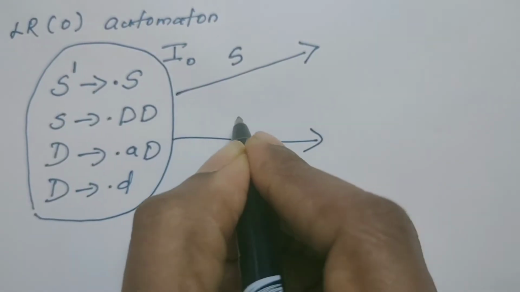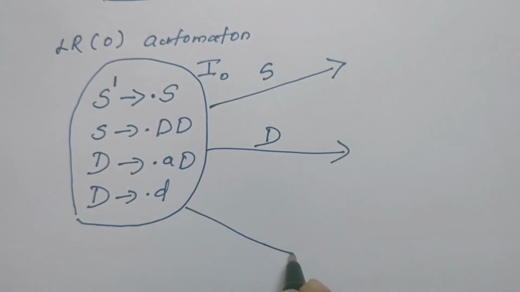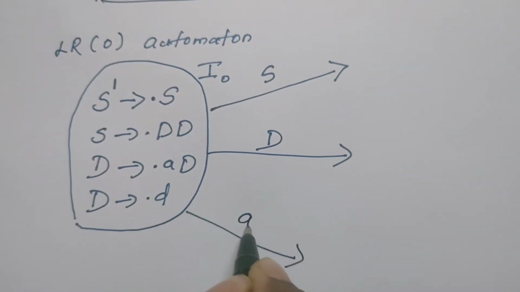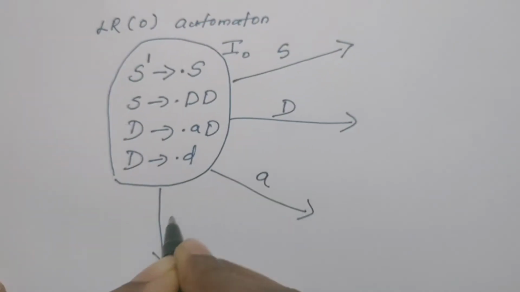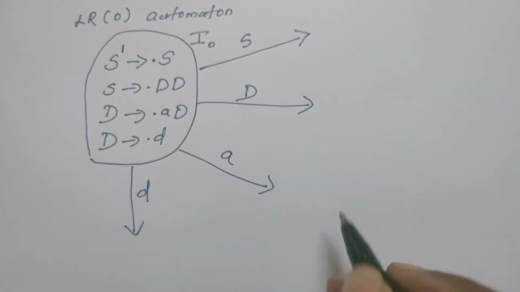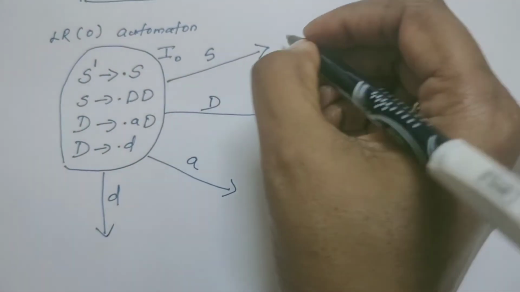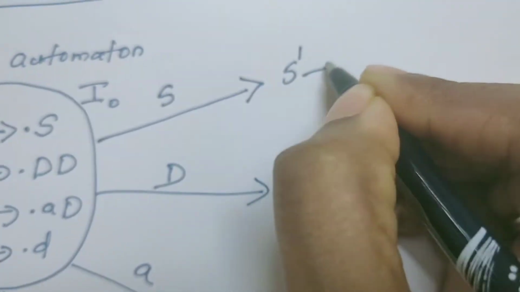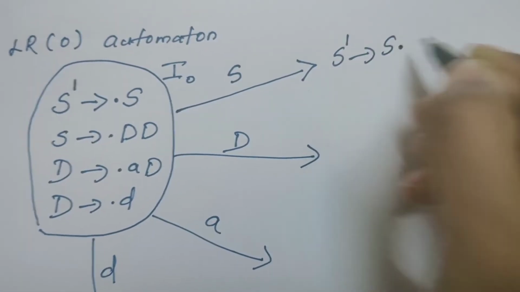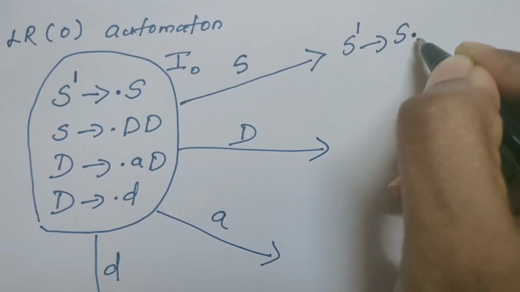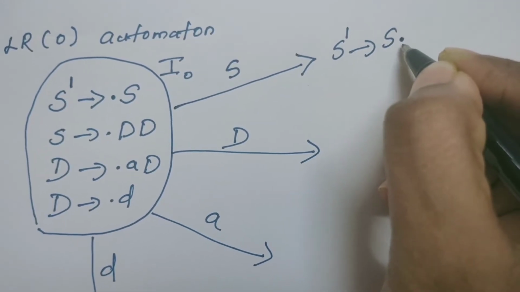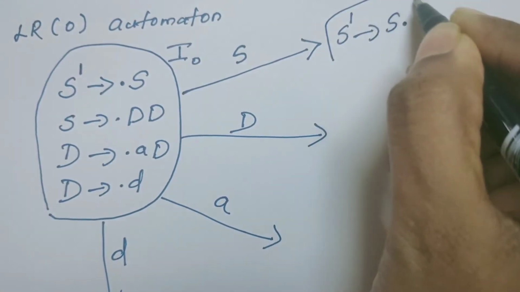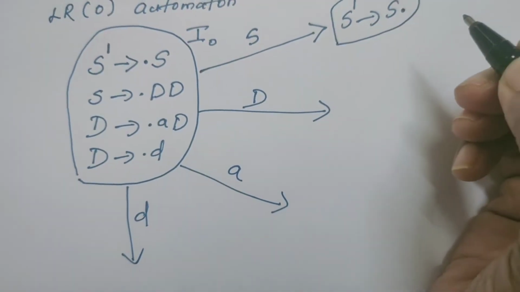If it reads D, what is going to happen? If it reads the terminal A, what will happen? If it reads the terminal D, what is going to happen? So after reading S, the dot is kept at the end. Once the dot has come at the rightmost end of the production rule, further there is nothing more to do with the production rule. Right?